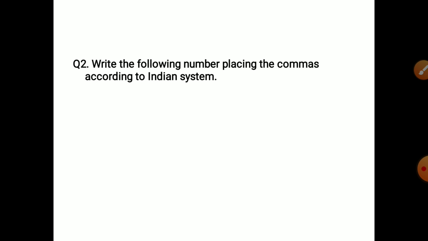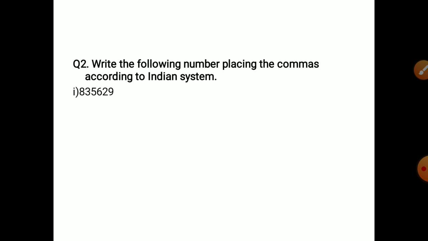Write the following number placing the commas according to the Indian system. Now in this question we are given a number, we have to place the commas according to the Indian number system. So we know that in the Indian number system we place commas according to the period. My first comma will be after crore period, my second comma will be after lakhs period, my third comma will be after thousand period.